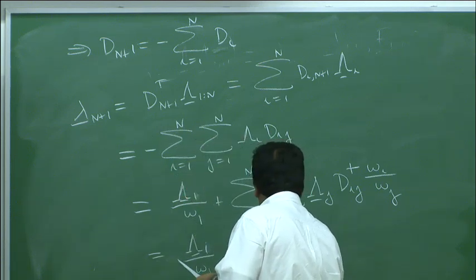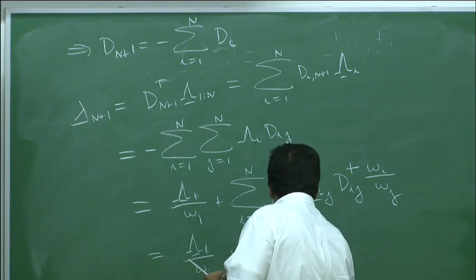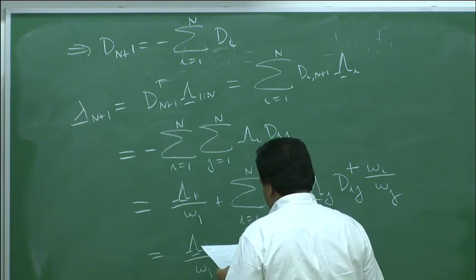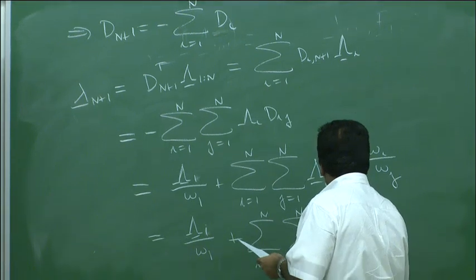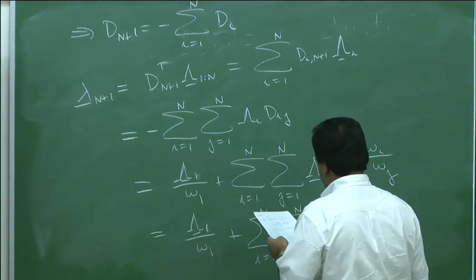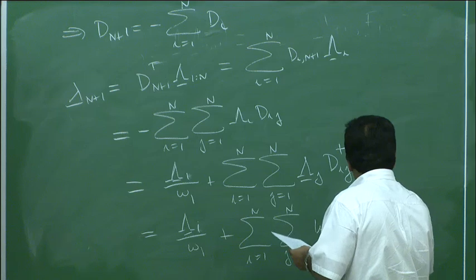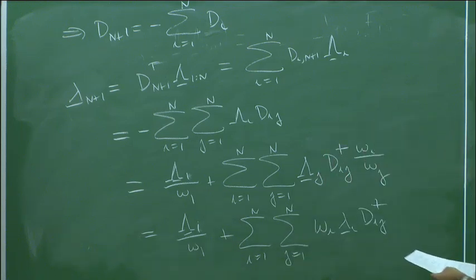Again I'm going from i equals 1 to n, and j equals 1 to n. But now I'm going to write this in terms of the matrix that I get when I do the full substitution, right?